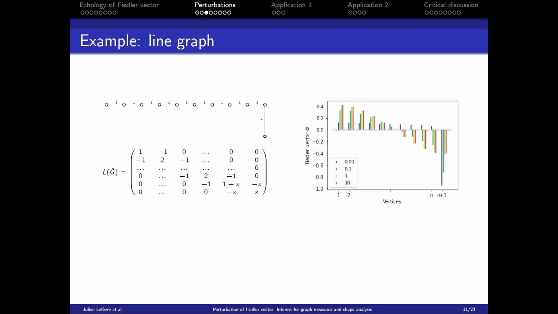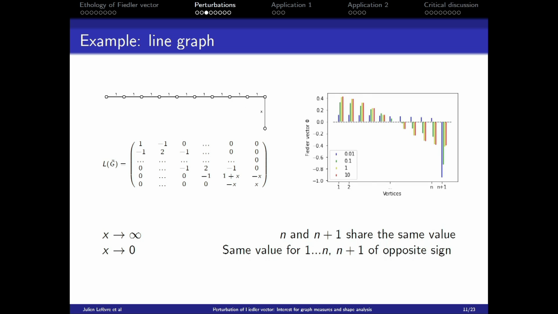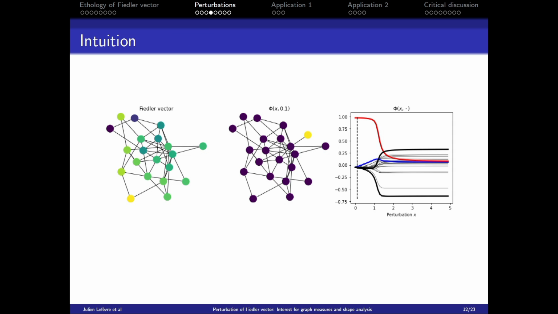In blue, you have the Fiedler vector with a small perturbation. So it's almost constant on the line, and there is a huge extremum at the new vertex. And if you increase x toward infinity, you retrieve the cosine shape of the Fiedler vector. So it's just the first intuition we can have with a very simple example.